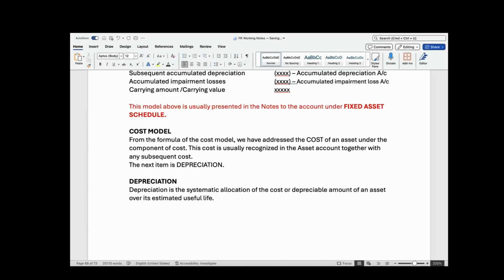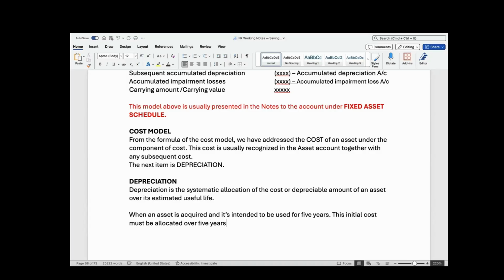So the way depreciation works is that, when an asset is acquired and is intended to be used for more than 1 year, let's say for 5 years, these initial costs must be allocated over 5 years.